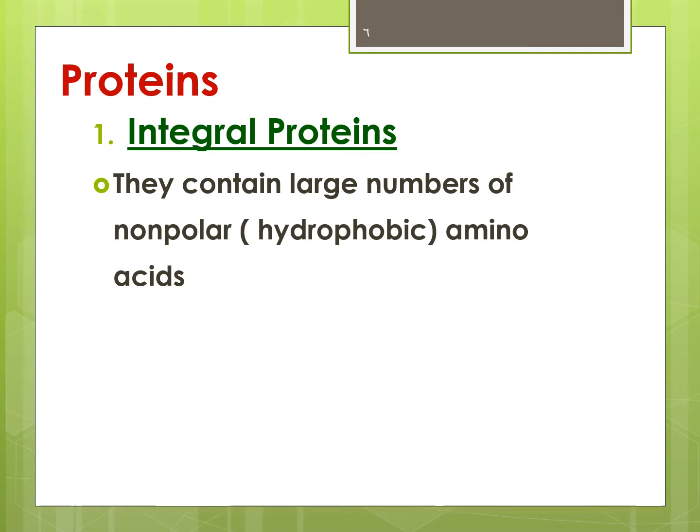Acidic, for example, glutamic acid, aspartic acid. Basic, for example, arginine, lysine, histidine. Polar uncharged, for example, threonine and others. And some non-polar amino acids, for example, leucine, valine, alanine, etc. So the polar amino acids here are less than those present in the peripheral proteins.